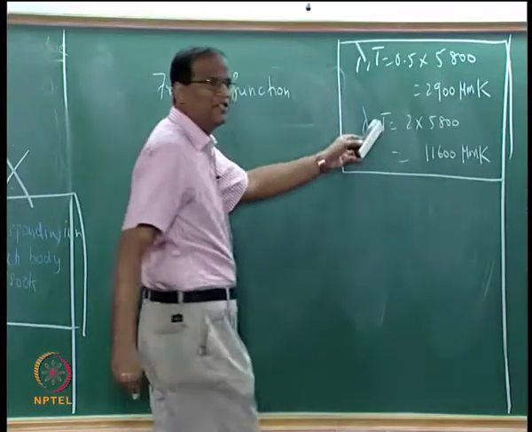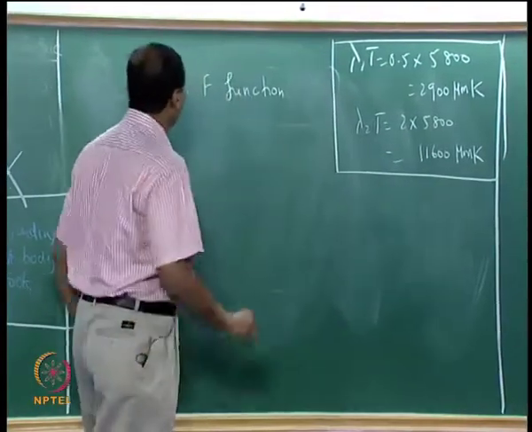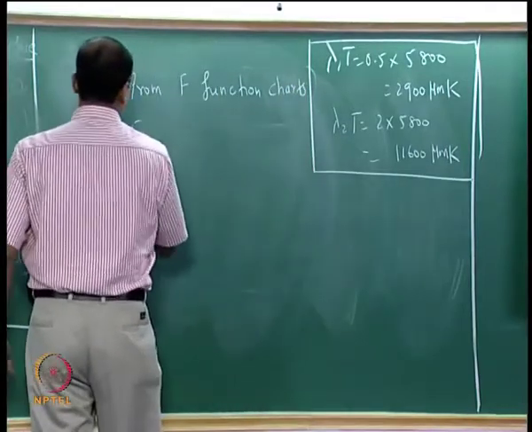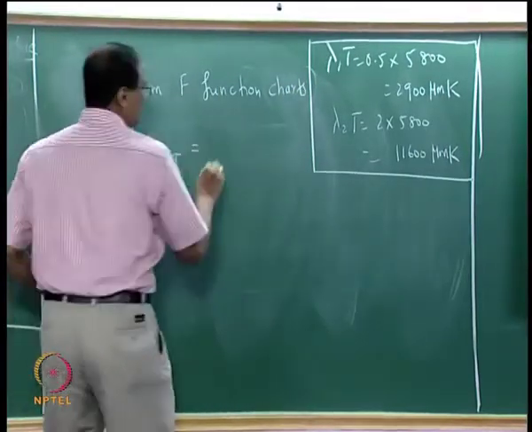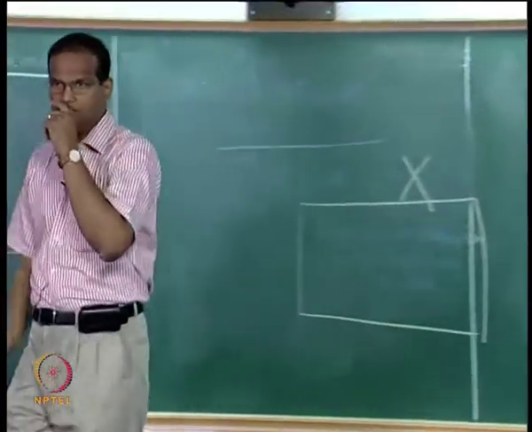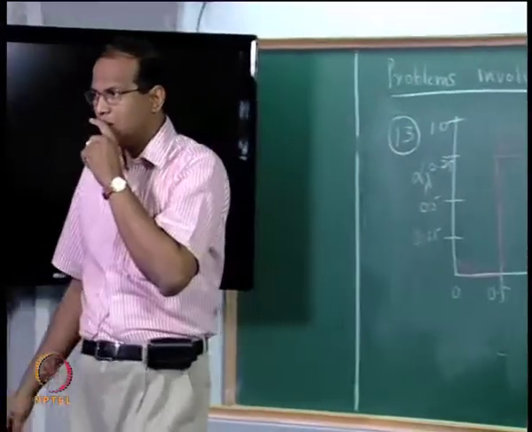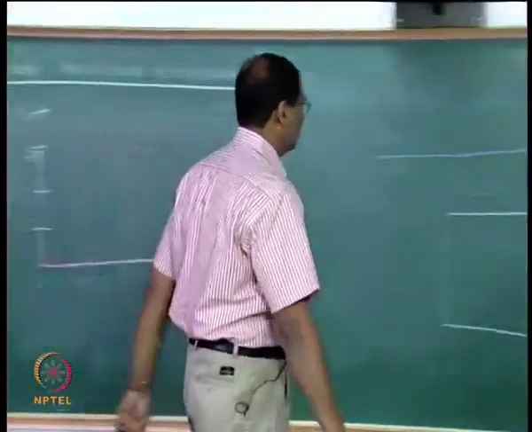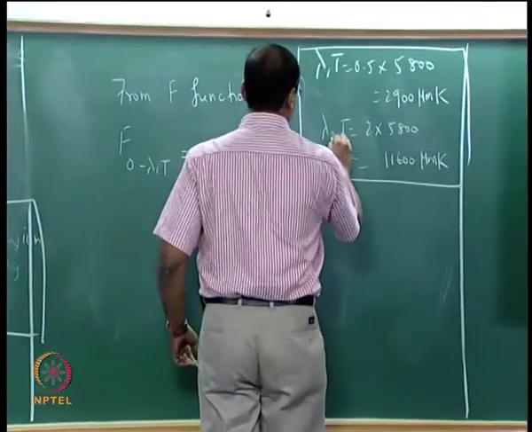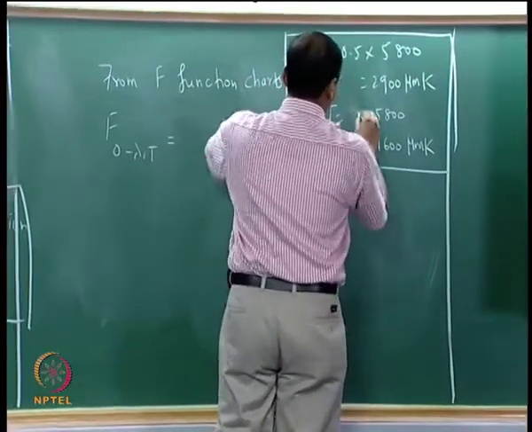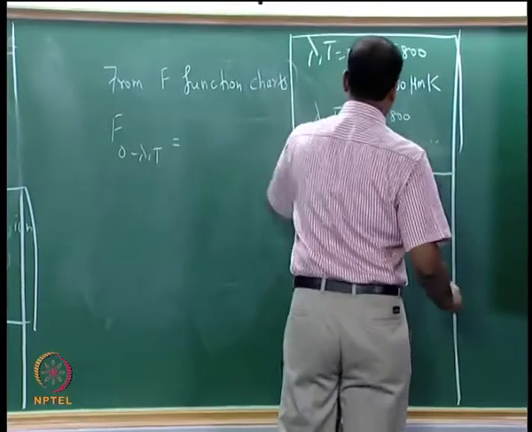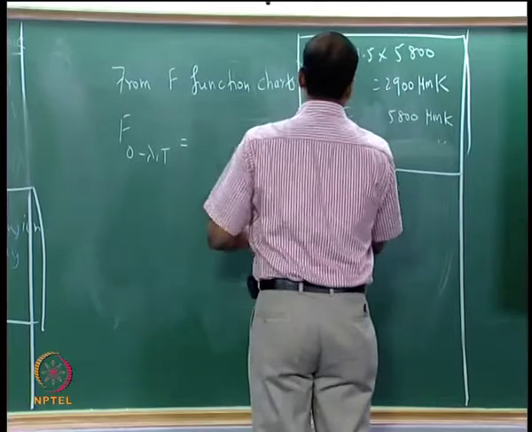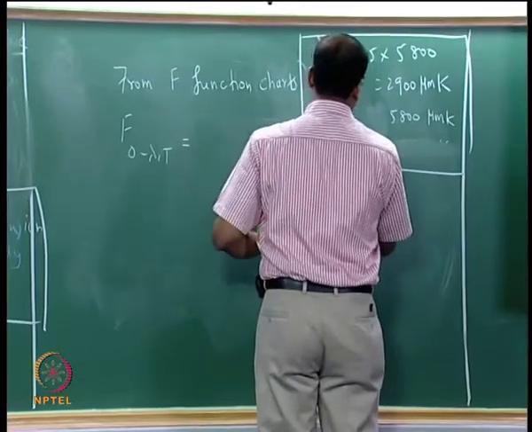You just keep it in the margin first, do this from the f function charts. How much is this? Oh, 1 is also there. Correct?